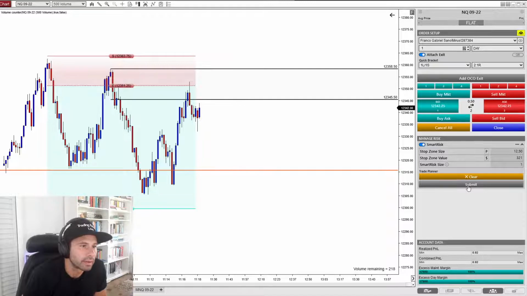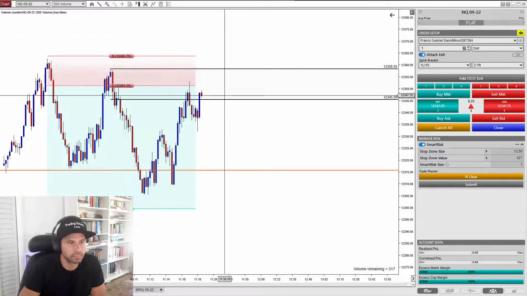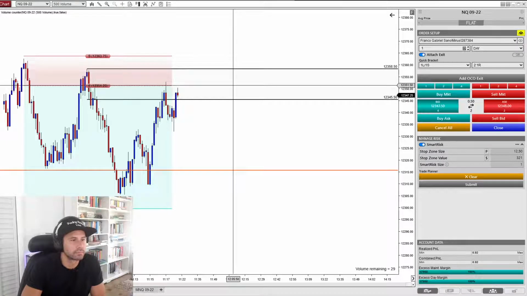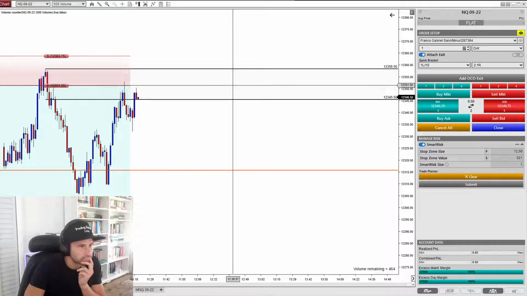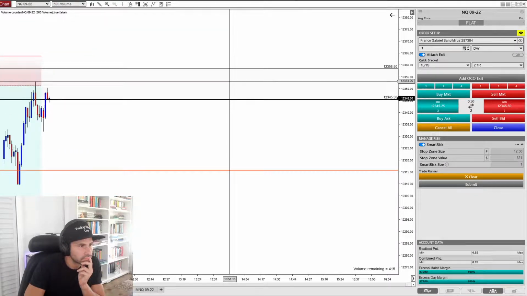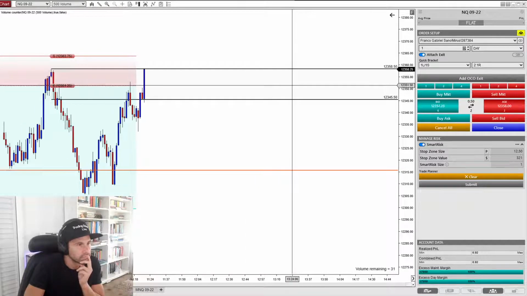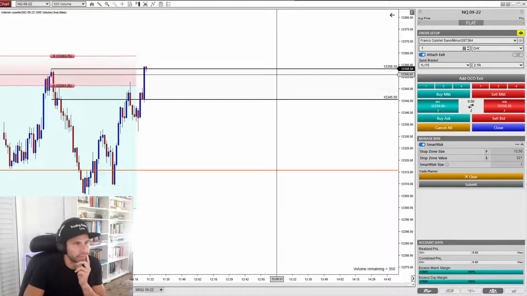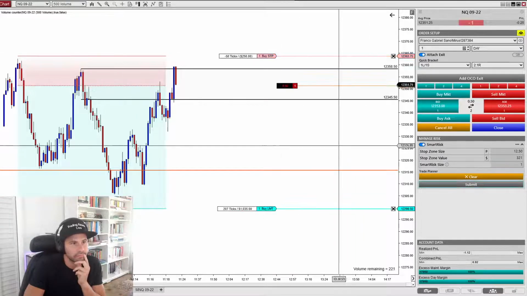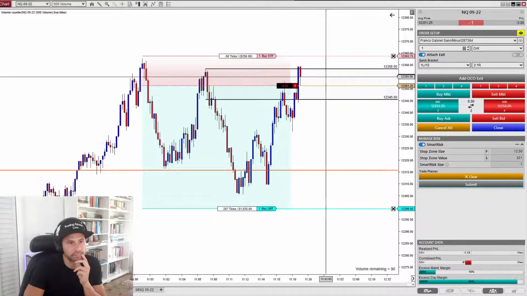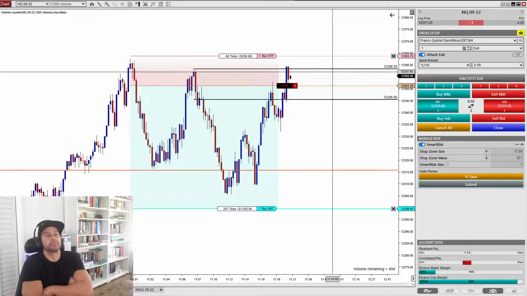All right, it's coming back up. Yeah, it would have been a break-even trade though. All right, I'm in it. I'm in it short. Let's see if we can get the push to the downside.